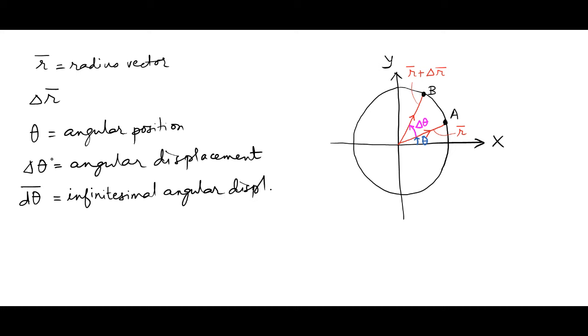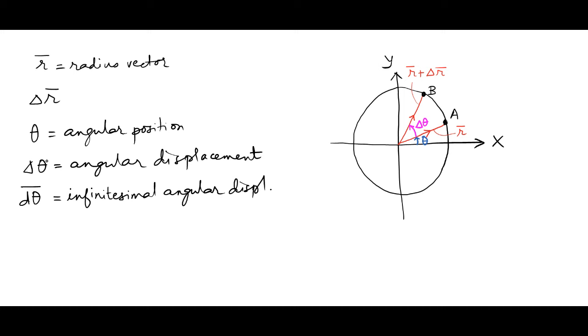Now, as the symbols indicate, delta theta is in general considered to be not a vector because it doesn't follow the parallelogram law of addition of vectors, although it has a magnitude and a direction given by the right hand rule. On the other hand, d theta can always be treated to be a vector because it fulfills all of the conditions necessary for that.